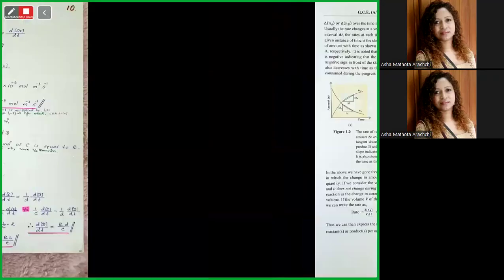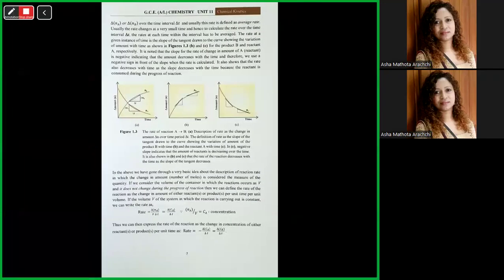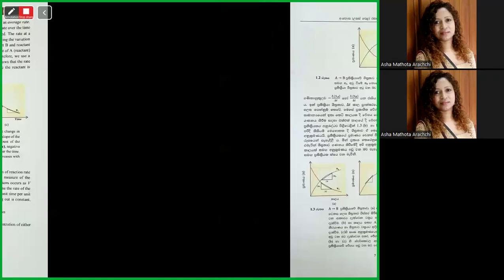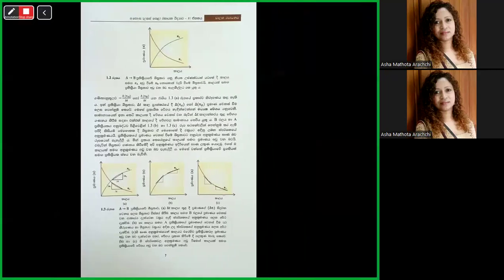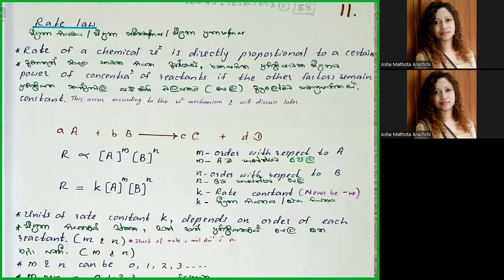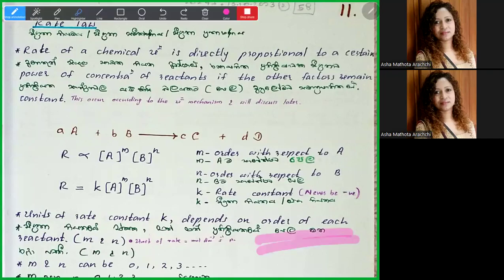That's all we did. Okay. Today is the day that you are really understanding the principles of chemical kinetics. The rate law is the part that is the base or the principle of chemical kinetics. So we're going to do the rate law for first zeroth order, first order, second order, third order, and so on.